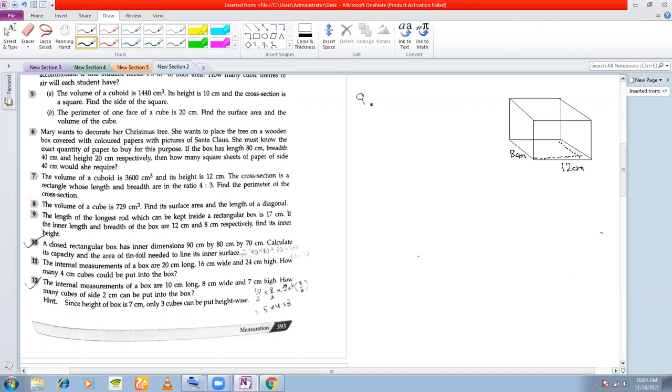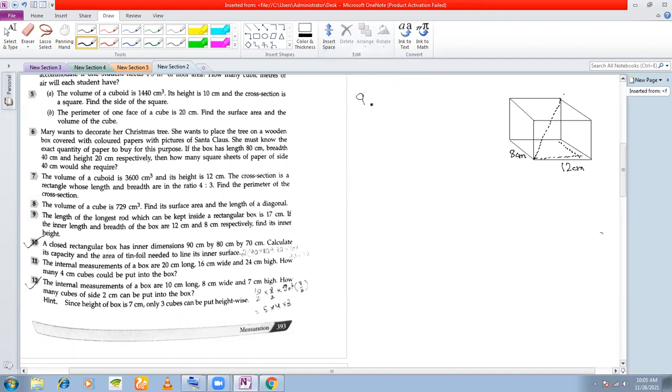Now, will you be able to keep heightwise? Height we don't know, right? But what you see here is that, obviously, if you are to fit this rod, then you will have to keep it diagonal wise, right? If you are keeping a big bamboo inside a room, how do you keep it? You keep it diagonal wise, right?